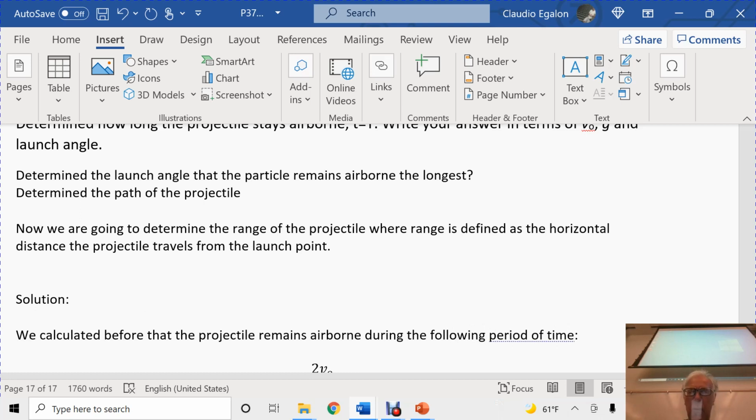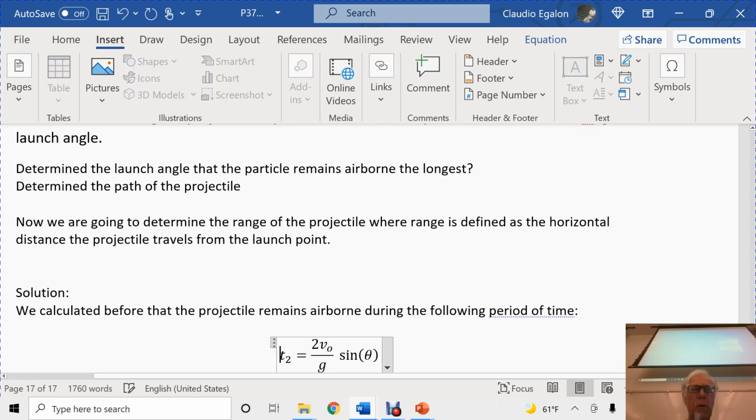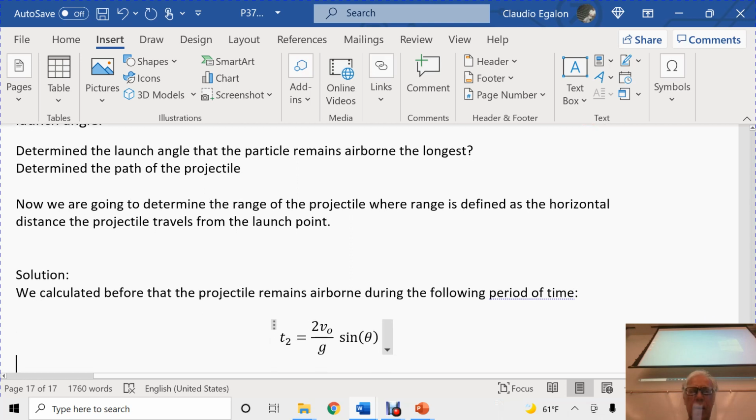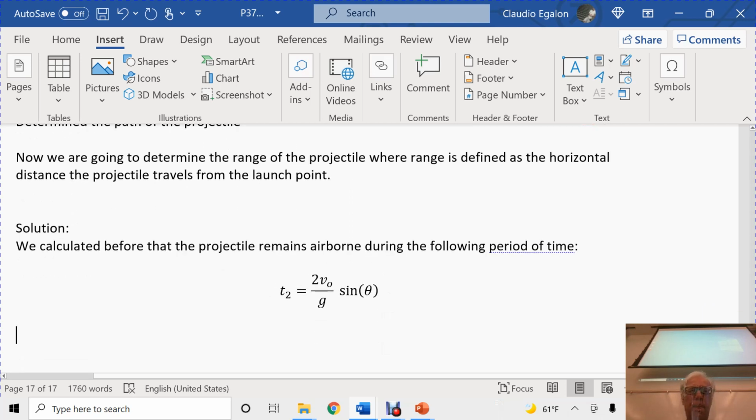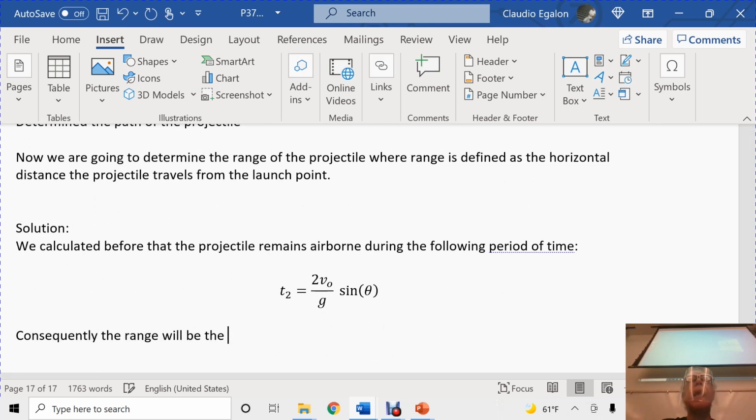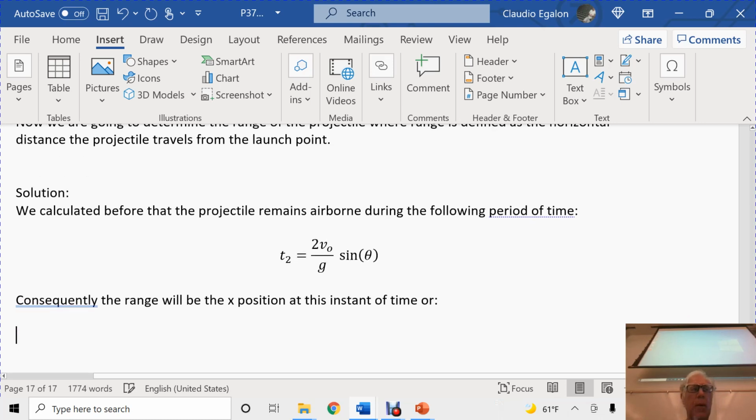Okay, so here you go. That's how long the projectile remains airborne. Consequently, the range will be the x position at this instant of time. Let's get our equation for the x position.